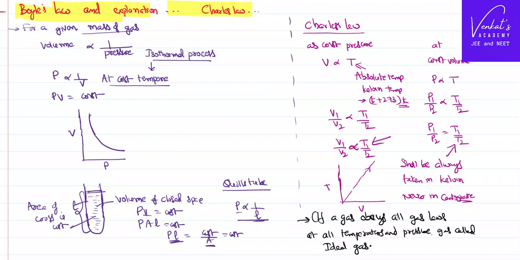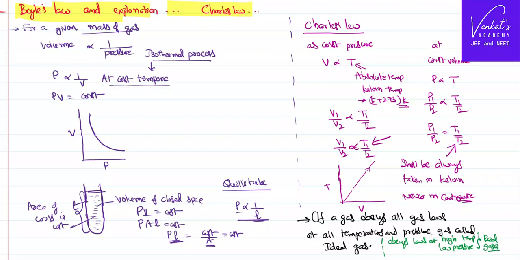The gases that we see in our daily life, our regular gases, obey these laws only at high temperature and low pressure. At high temperature and low pressure, all these gases actually behave like ideal gases, and that kind of gases are called real gases.